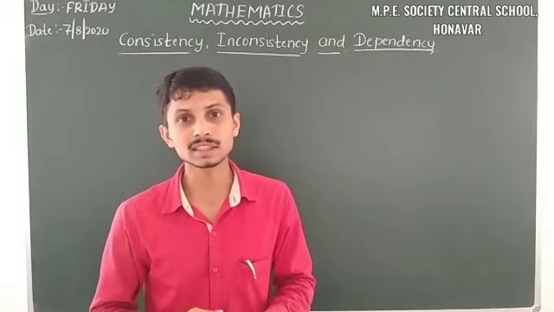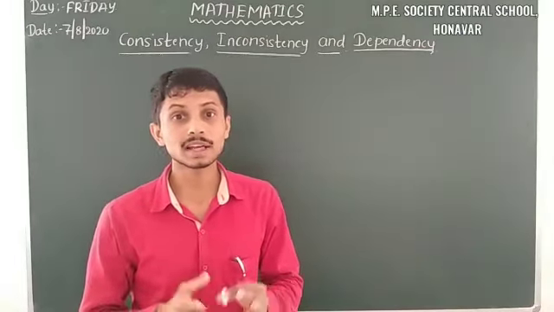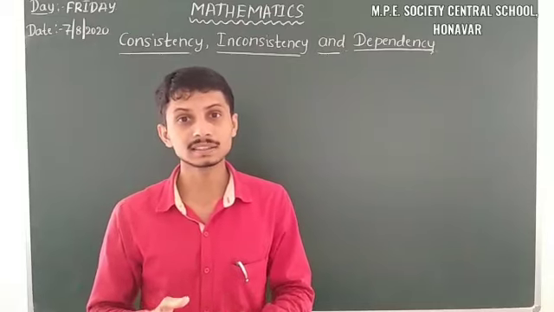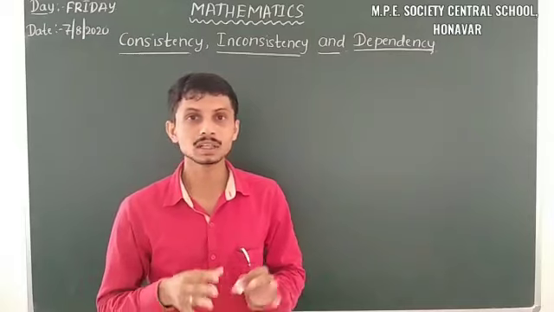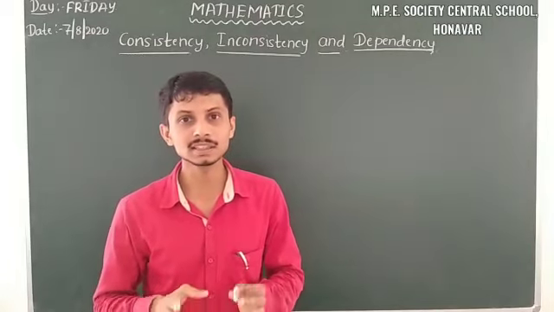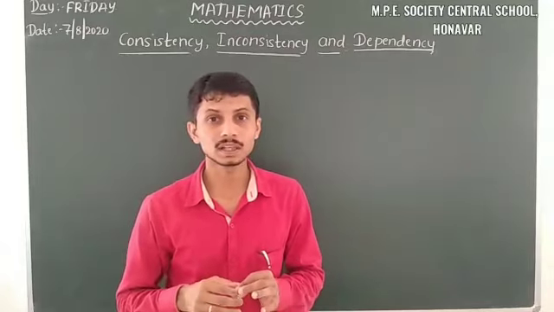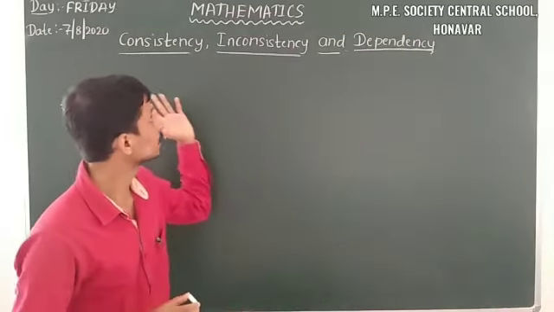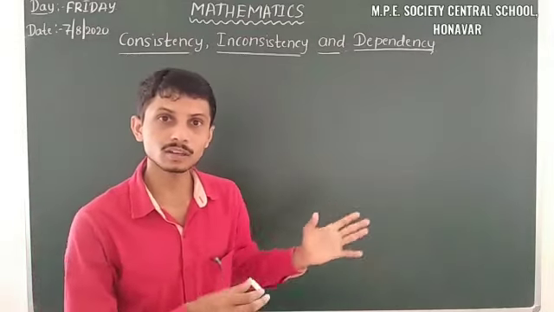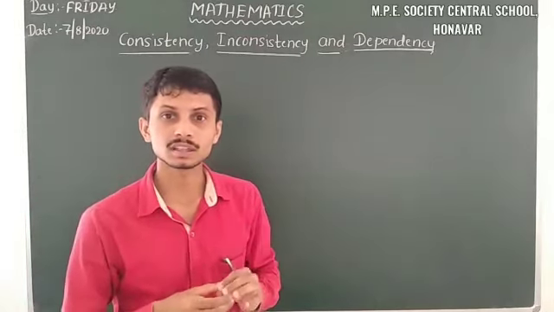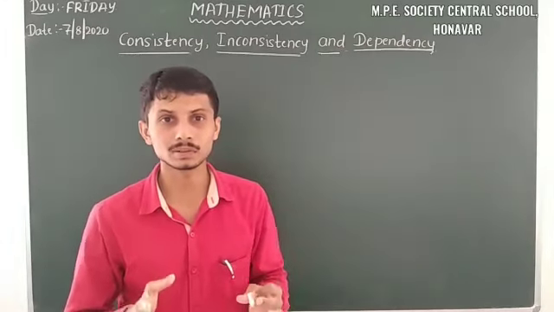These conditions are there, and we are naming them consistency, inconsistency and dependency. So in this class we have to discuss consistency, inconsistency and dependency of pair of linear equations in two variables. So we are calling them consistent, inconsistent and dependent pairs of linear equations.